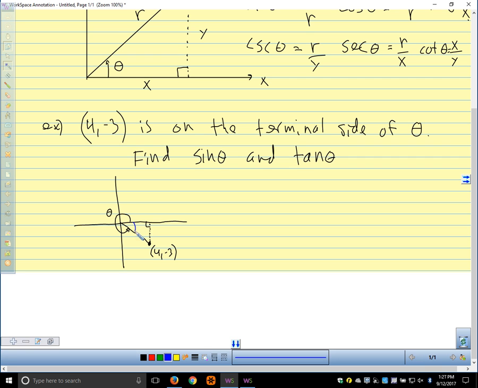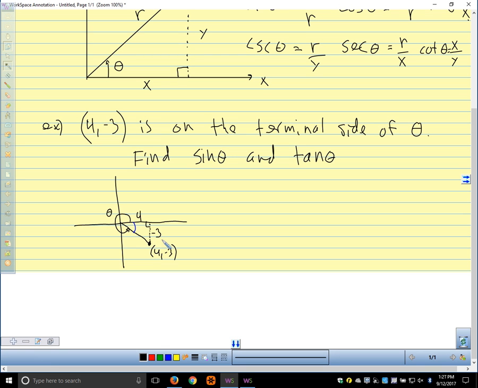We're going to work with this angle in the right triangle. The only difference between what we've done before and what we're going to do now is we label the sides of the triangle appropriate to which coordinate this triangle is in. So the x part is 4, and I'm going to label this side -3.